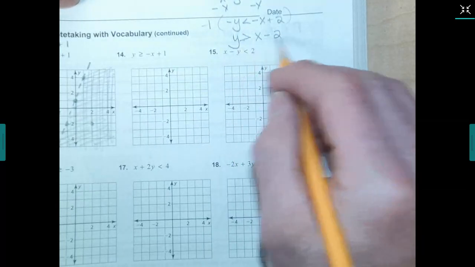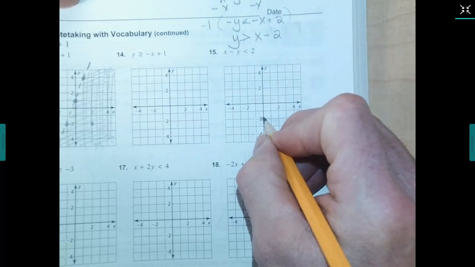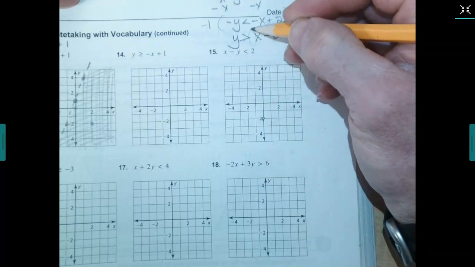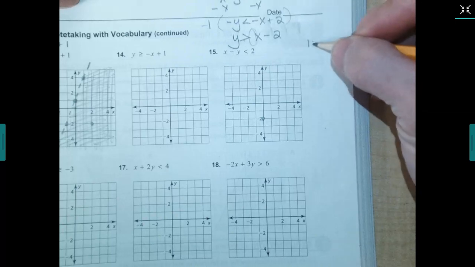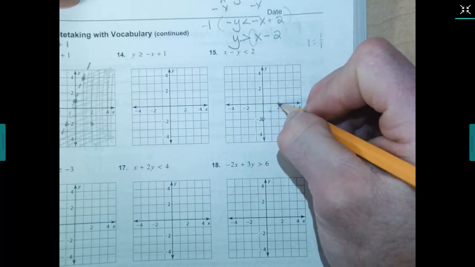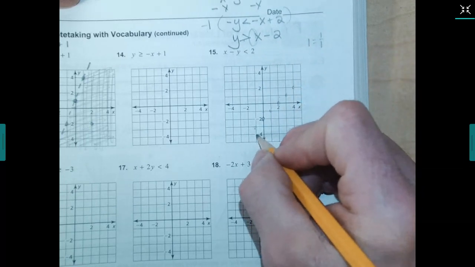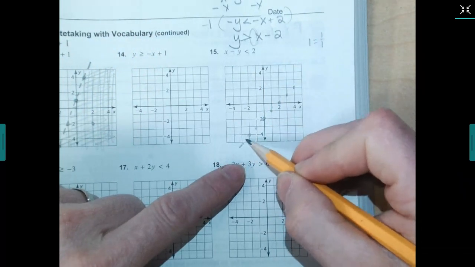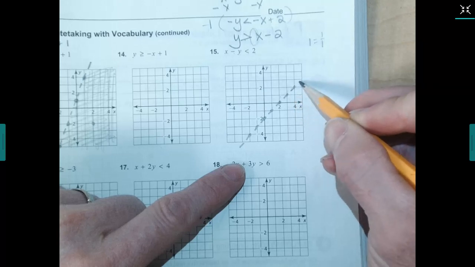So now can I graph this? Yes. My y-intercept is negative 2. And my slope, what is my slope here? My slope is 1, which equals 1 over 1. And it's a dashed line.